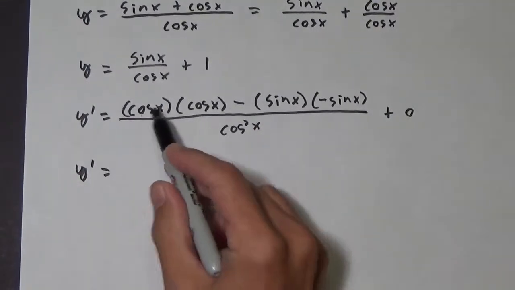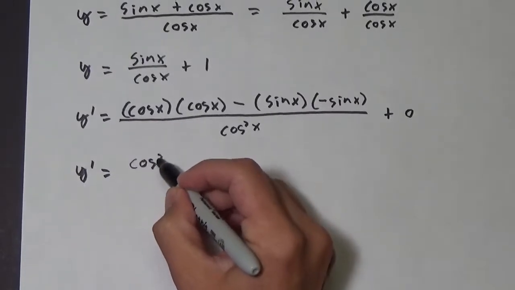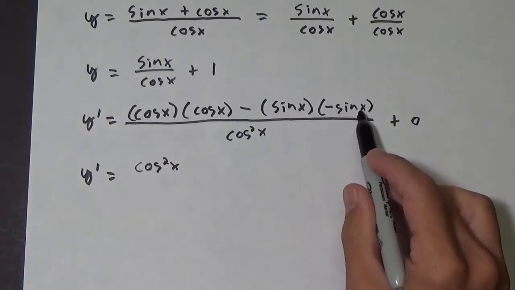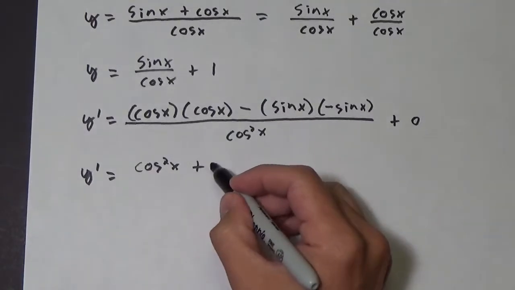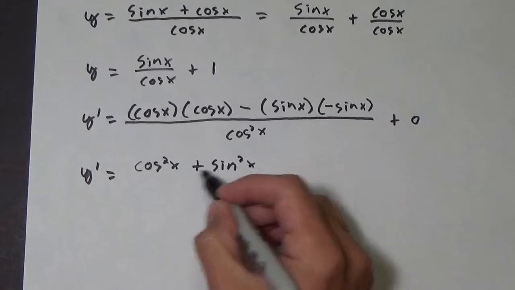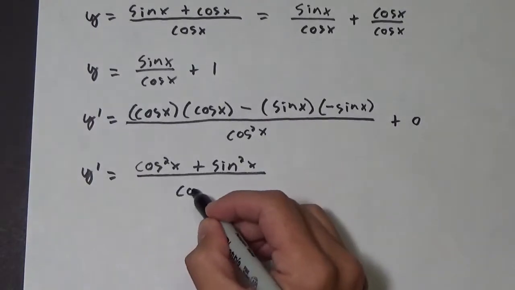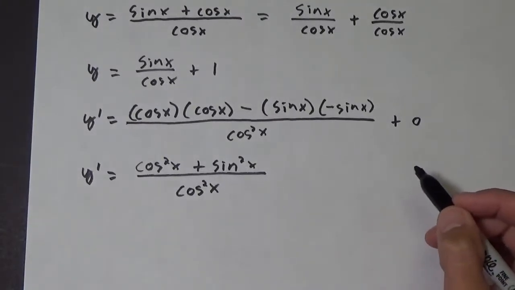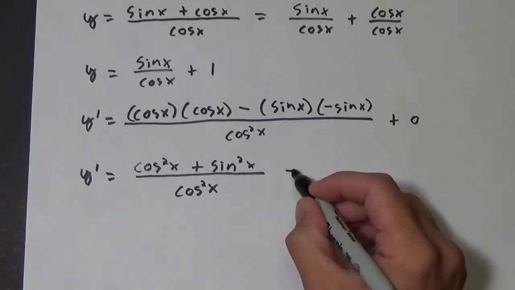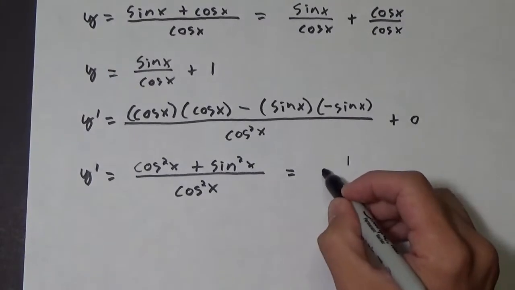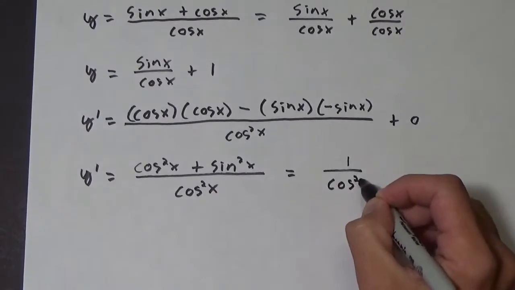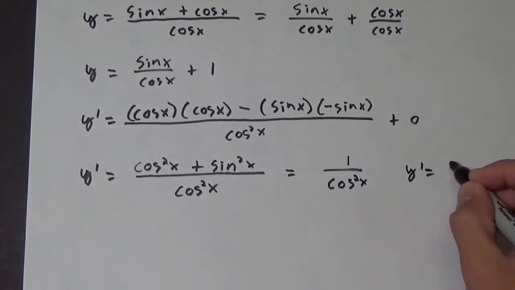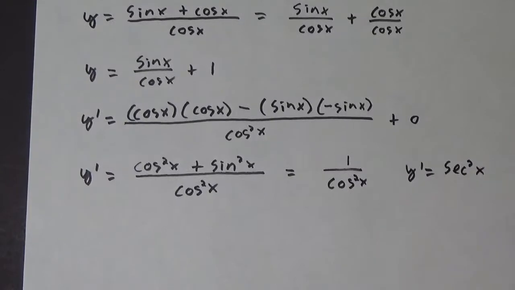So our derivative: cosine times cosine is the cosine squared of x. Sine times a negative sine, well, there's a negative here, so that becomes plus the sine squared of x, all over the cosine squared of x. Now cosine squared plus sine squared is 1, so we get 1 over the cosine squared of x, and that ends up being y prime equals the secant squared of x.